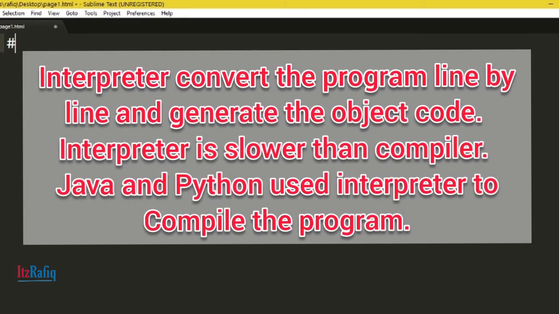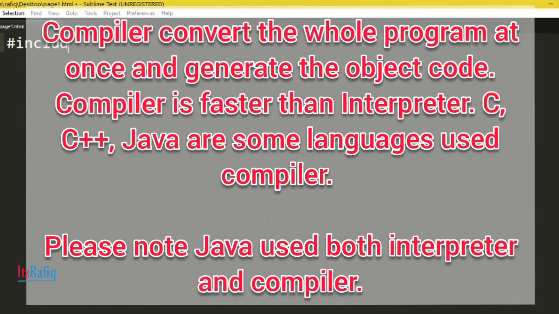So it takes more time to convert a program, while compiler converts the whole program at once and gives us the output. Compiler is faster than interpreter. Interpreter converts line by line and compiler converts at once. Interpreter is slow, compiler is fast.